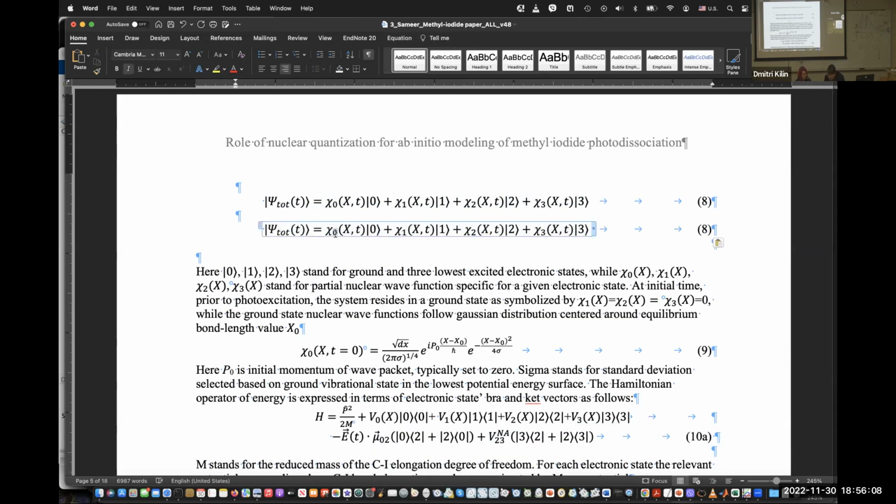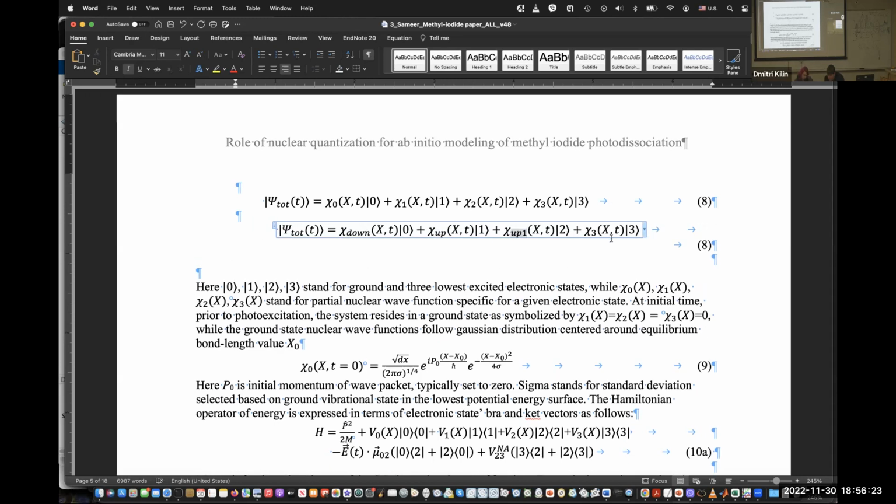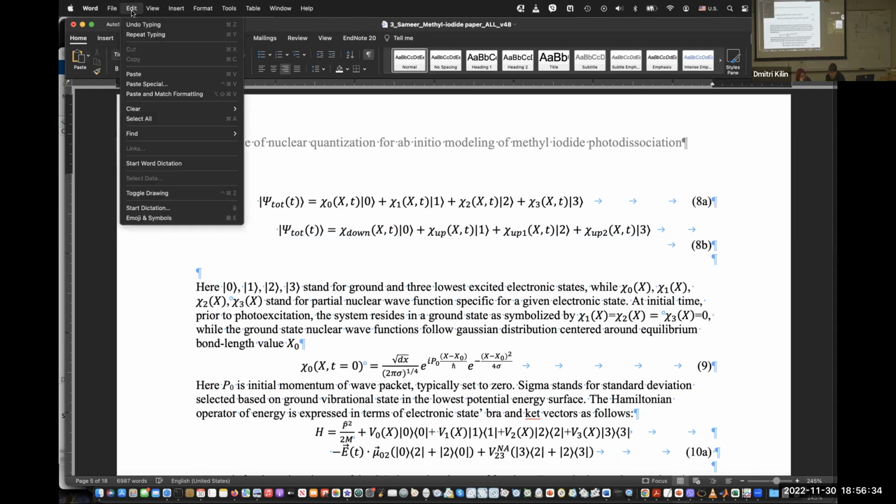So regularly, you have just to coincide with the code: down, up 1, up 2, A, B, and I have a permanent fear.